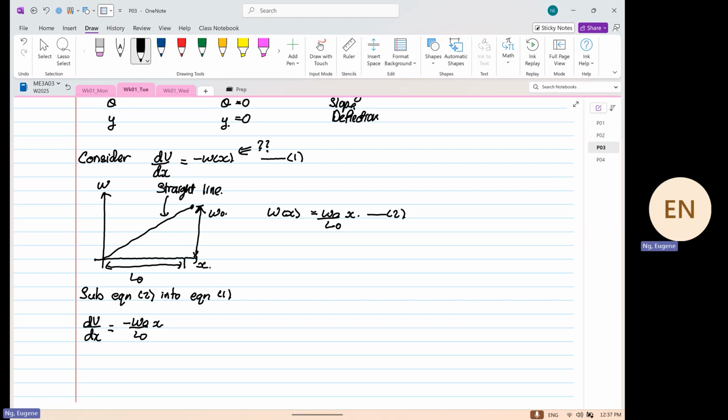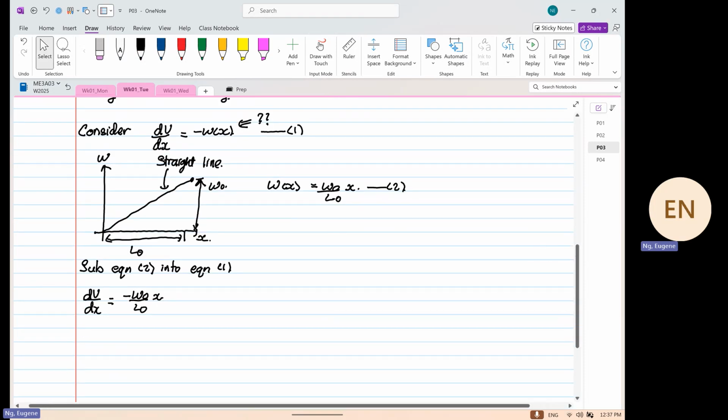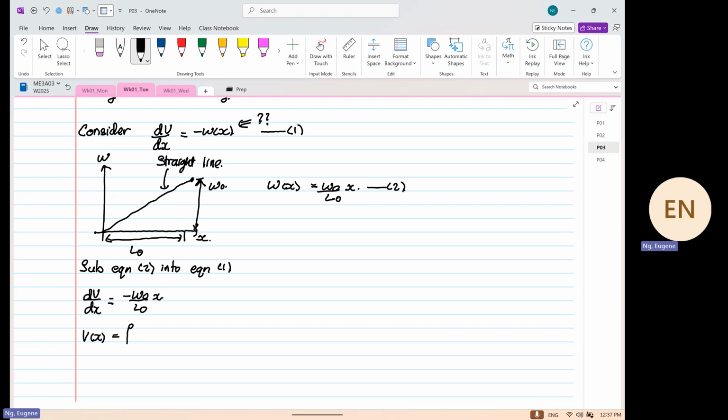From here, we want to find V as a function of x, meaning the shear force as a function of x. We're going to integrate minus omega naught over L naught x dx. So we will have minus omega naught x squared over 2L naught plus C1.